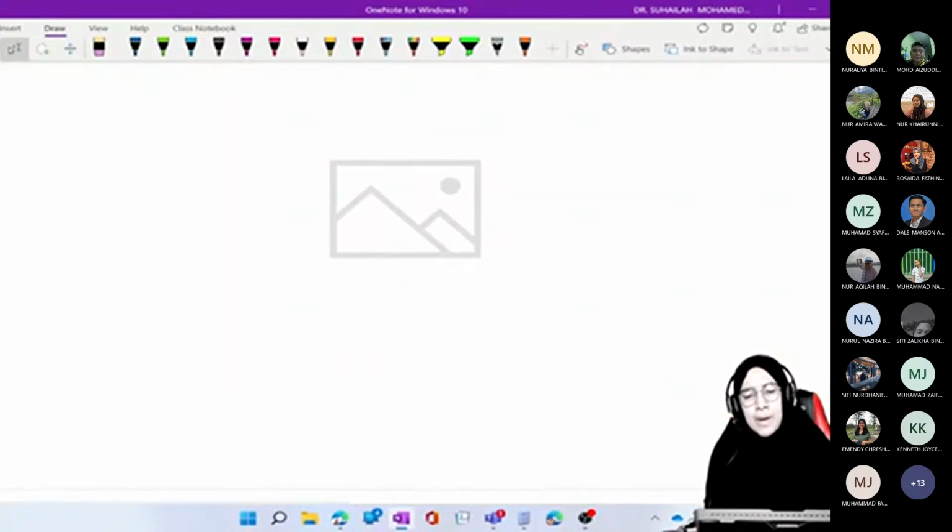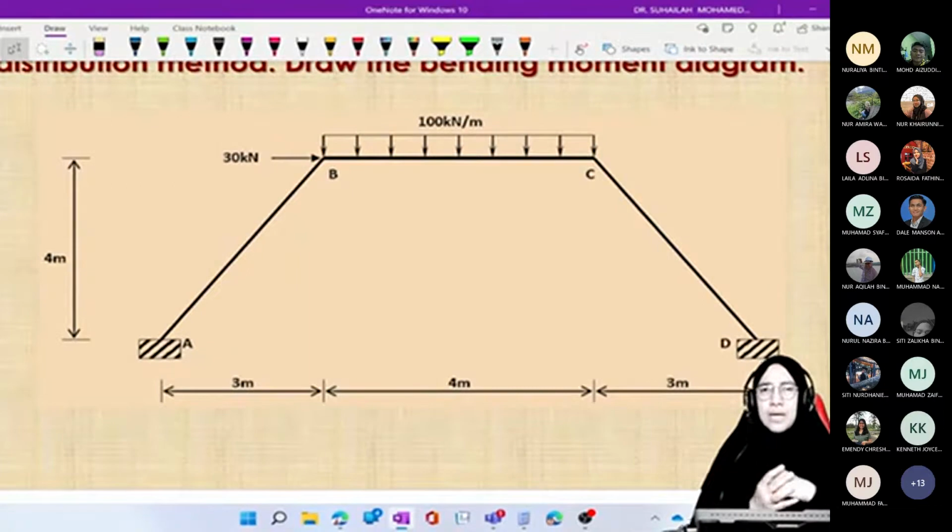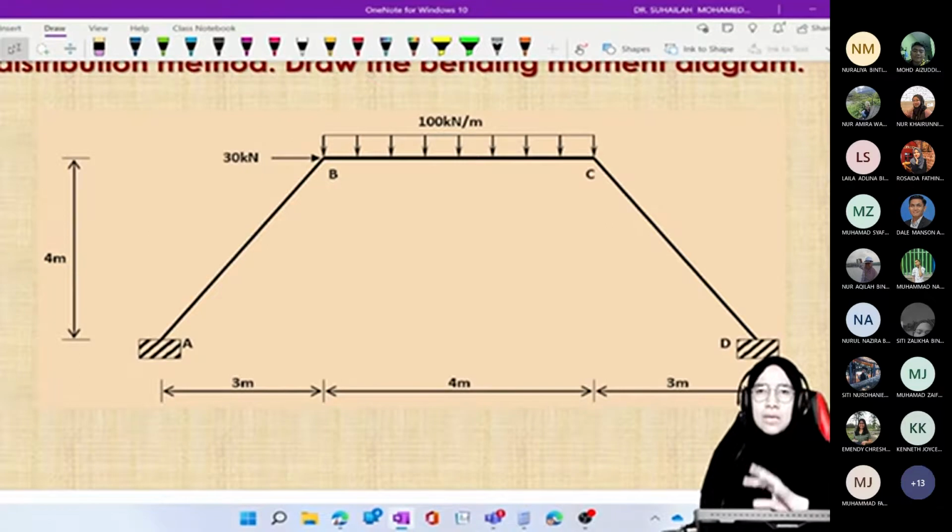Lepas tu ada satu lagi example in the textbook. Yang ni cover dua incline. So yang ni pun under syllabus juga. Okay, that's why saya kata dengan you tadi, 1 minggu memang tak cukup untuk cover. Kita cover sekali yang minggu pertama yang kita tak sempat buat tu.